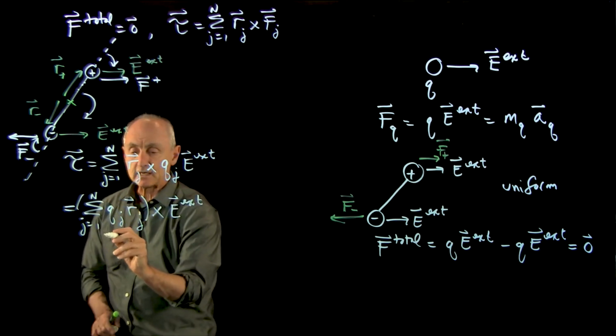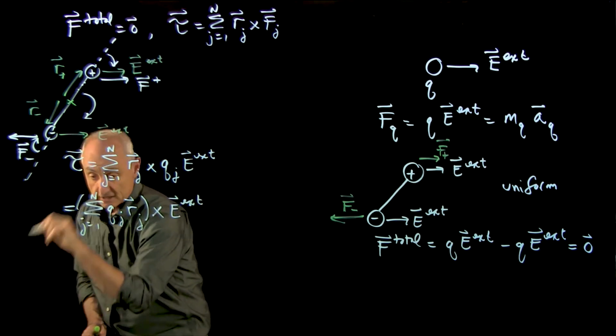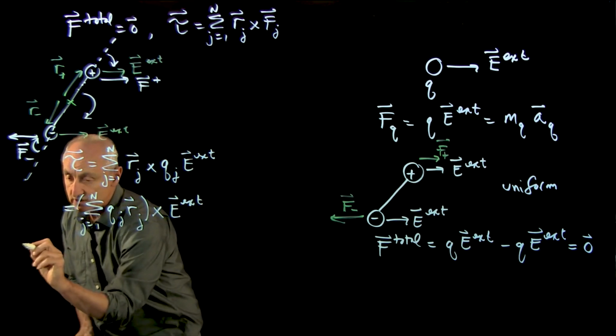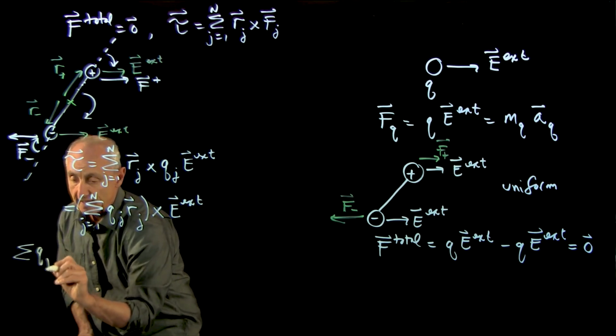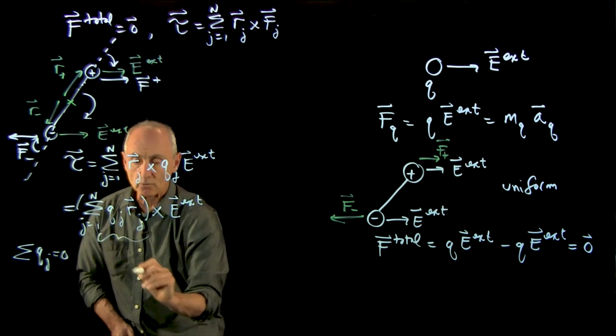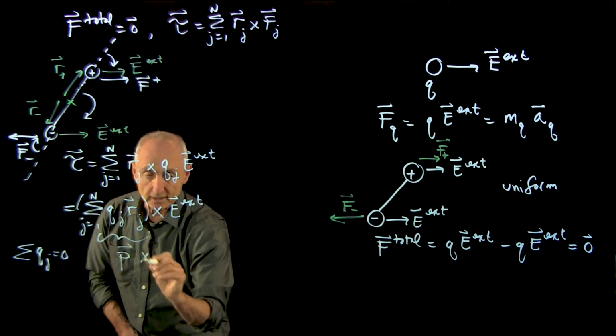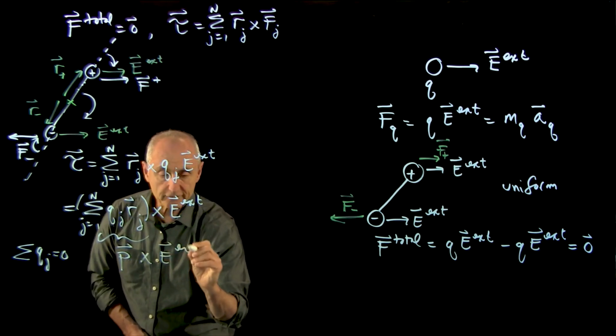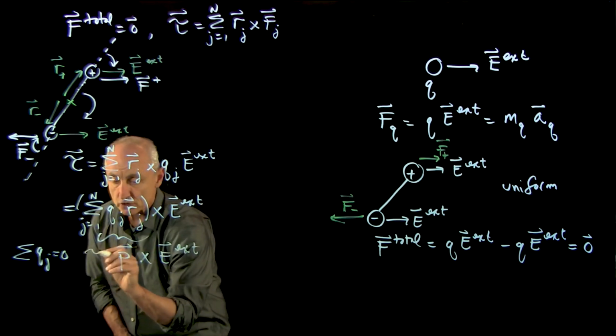And if you recognize here, this quantity makes sense. Again, we're assuming that the total charge is 0. And then this is exactly what we called the dipole moment of the distribution of charge.